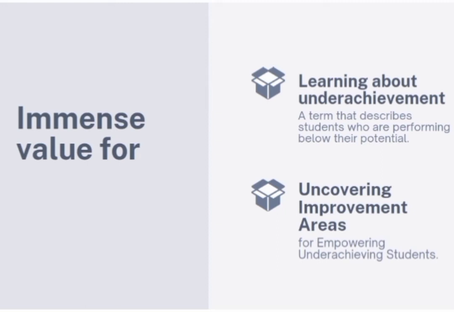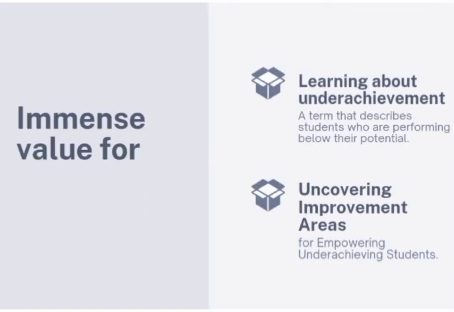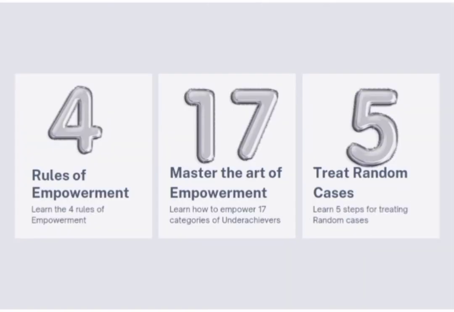You also learn how to uncover improvement areas for empowering underachieving students. You learn the 4 rules of empowerment. You would also master the art of empowerment by learning about 17 different categories of underachievers and how to empower them.